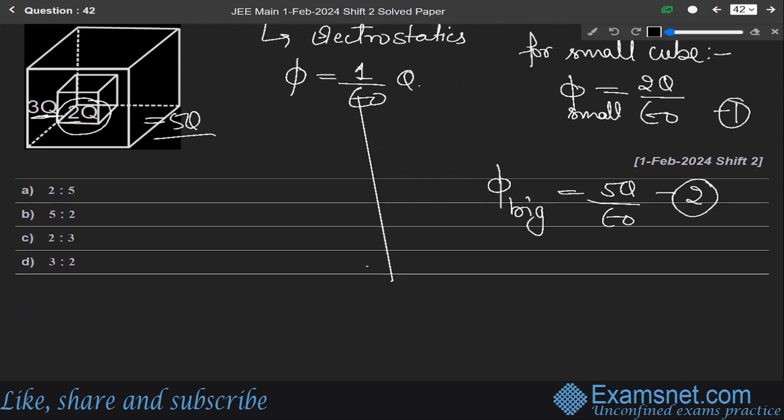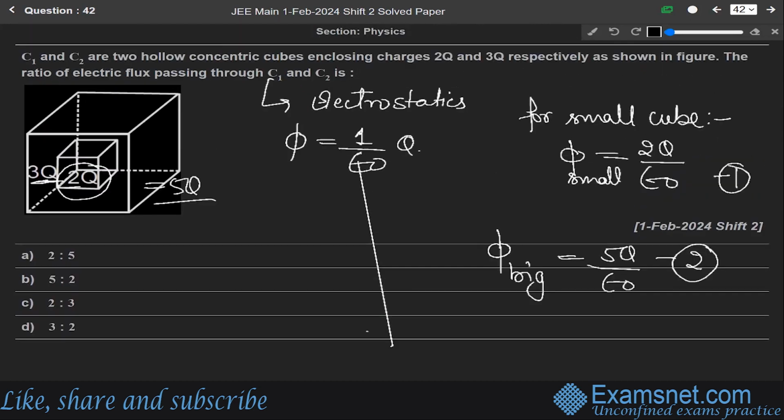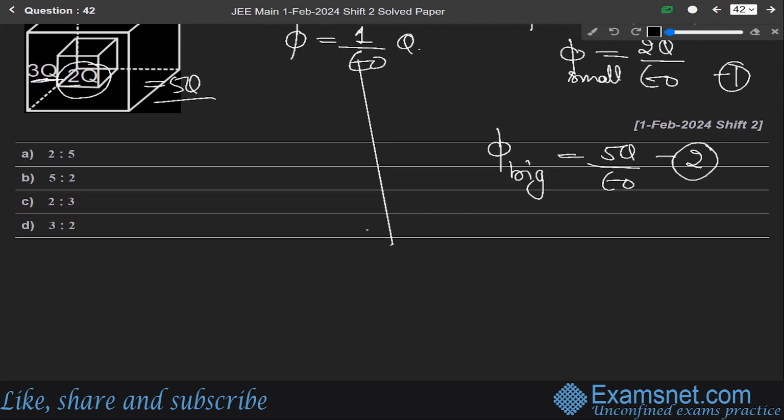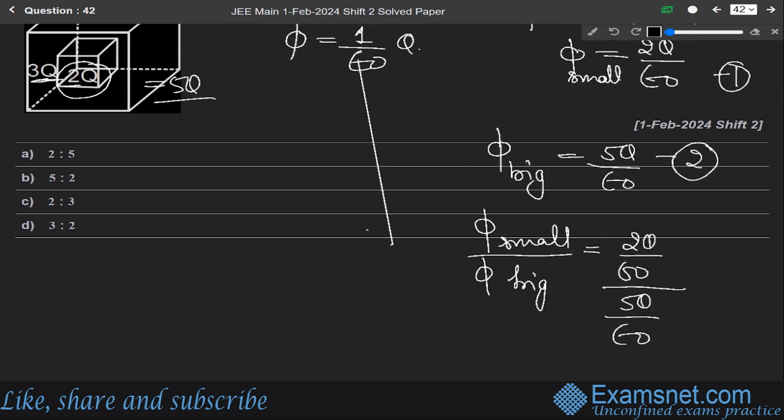We have to find the ratio of the electric flux passing through C1 and C2. So the ratio of electric flux will be phi small over phi big, equal to 2q over epsilon naught over 5q over epsilon naught. Epsilon cancels, q cancels. So the ratio is 2 over 5, means 2 ratio 5. So the correct answer is option A.